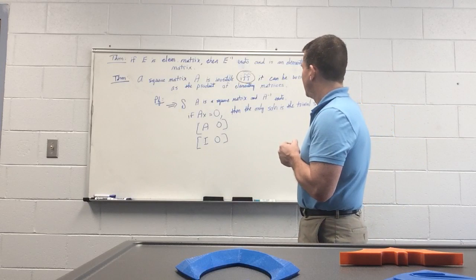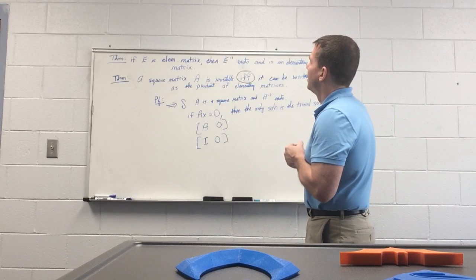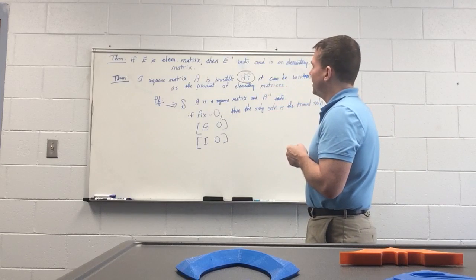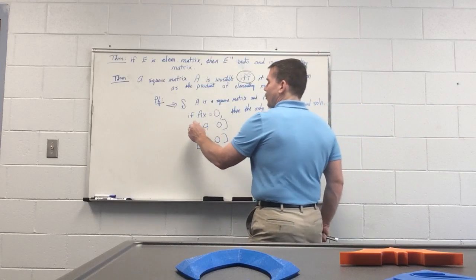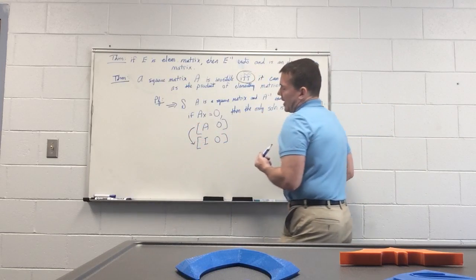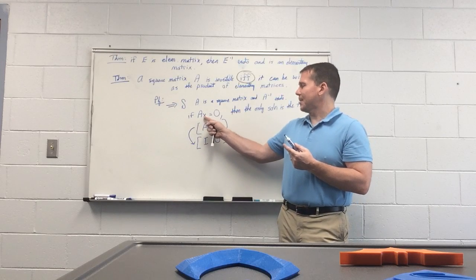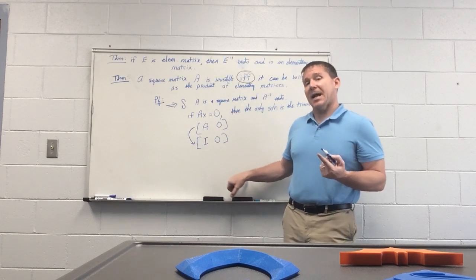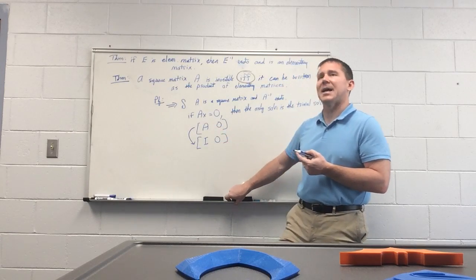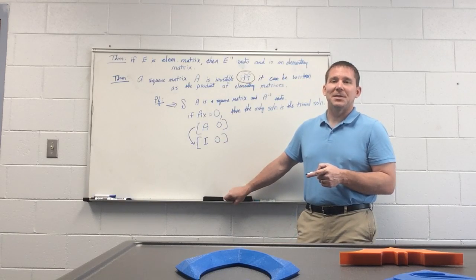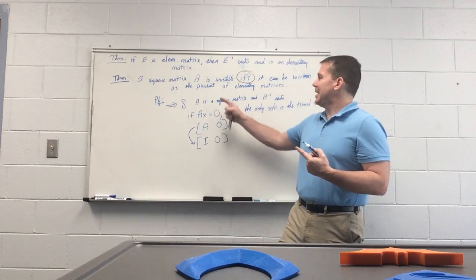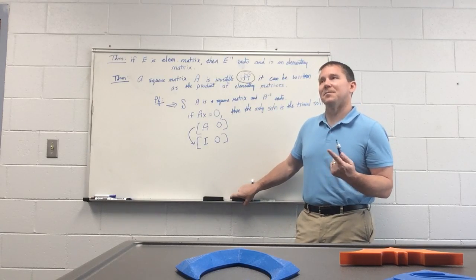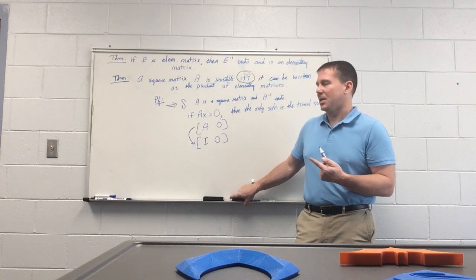But now let's see. It can be written as the product of elementary matrices, but if we think about my row operations, essentially what I did was I took the matrix A and I rewrote it as the matrix I. But how do I turn matrix A to matrix I? I perform row operations. Admittedly, I can think about this in terms of multiplying by the inverse. The other way to think about it is in terms of performing the row operations.